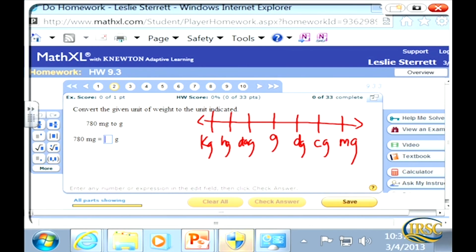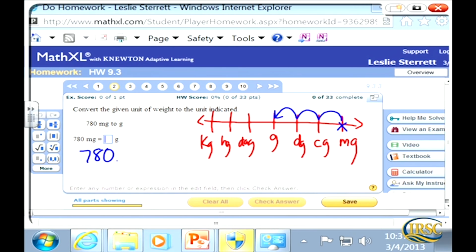Okay, so milligrams to grams. So we're starting at milligrams. So where do I have to go? 3 to the left. So currently, I don't see a decimal in my problem, so where do I put it?